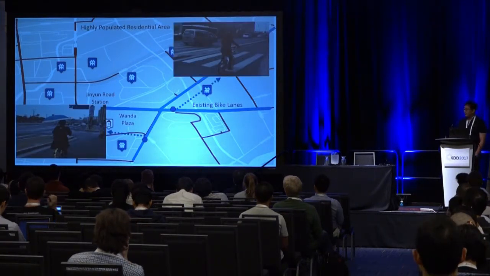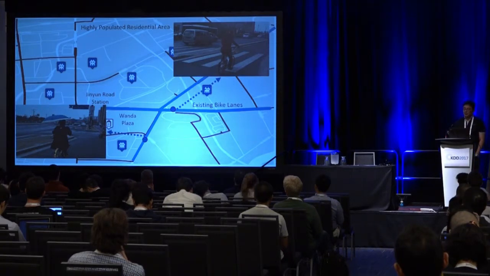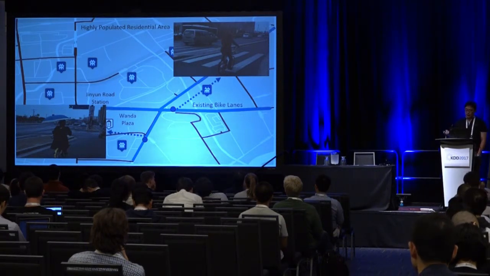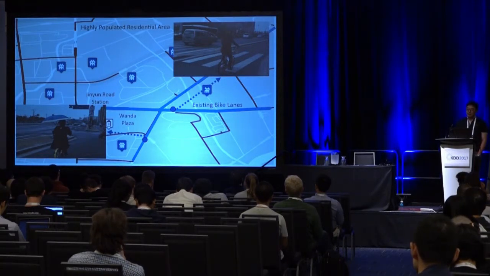So the riding experience is good because of the designated bike lanes. These two roads are also shown in our experiment results. So we say this also confirms our point that these road segments should have bike paths.